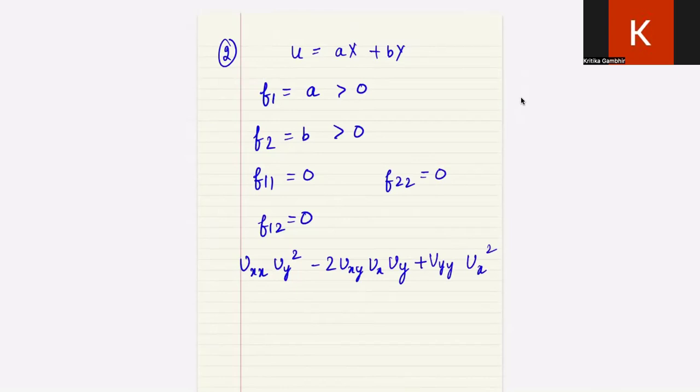So u_xx क्या है हमारा यहाँ पर? 0. u_y कुछ भी हो matter नहीं करता. I'll write as it is minus 2. u_xy क्या है? This is coming out to be 0. ठीक है. u_x is f1 only.